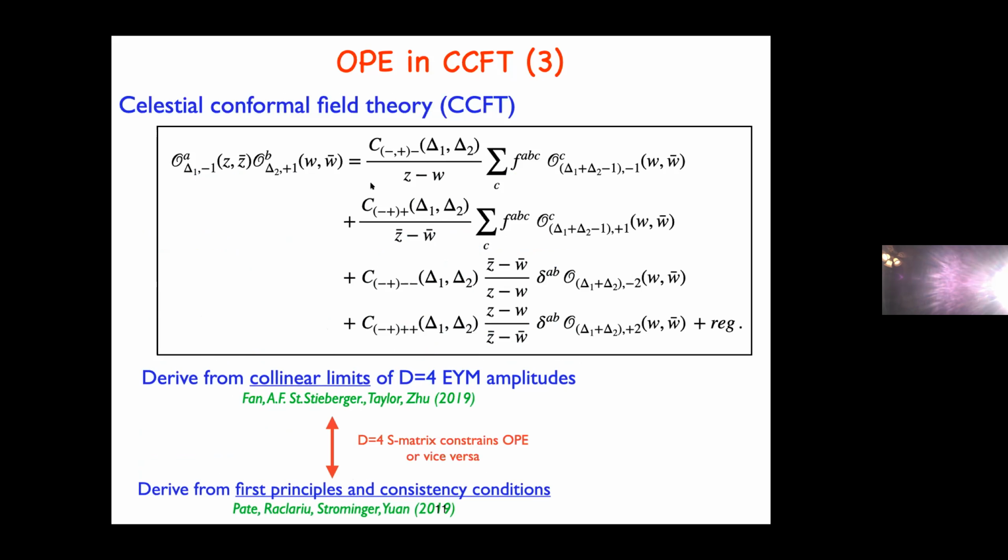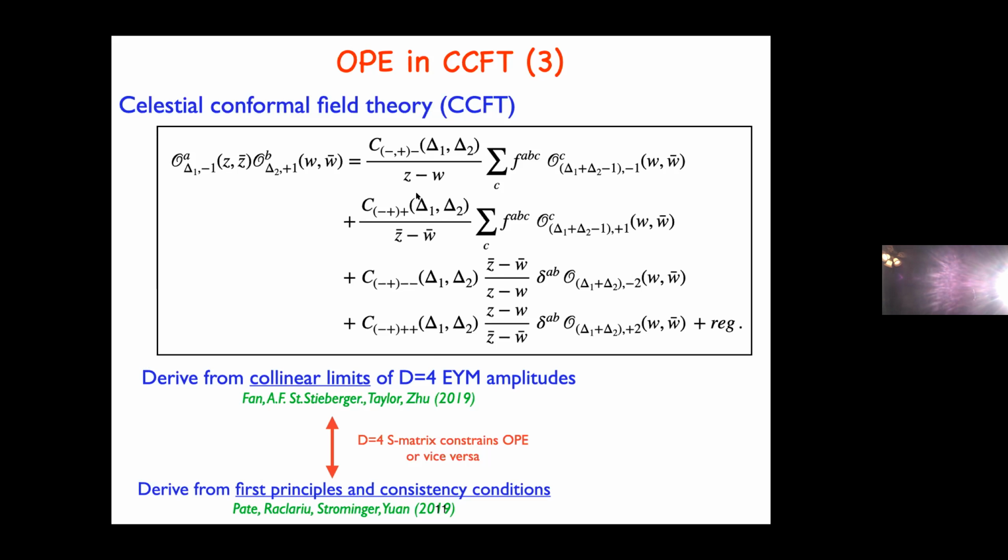In other words, you could assume that you have an OPE between two celestial CFT operators like that without knowing the structure constants, just knowing that there are some singularities that you can deduce by dimensional reasons. Expecting that you have Einstein-Yang-Mills, you can do some kind of analysis that tells you what kind of singularities you expect here. And then the interesting thing is that you can apply BMS symmetry on both sides of this equation. And at the end of the day, you will find the form of these structure constants. It will be the same beta functions.